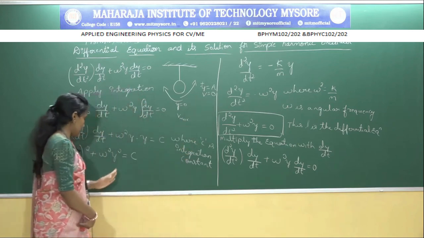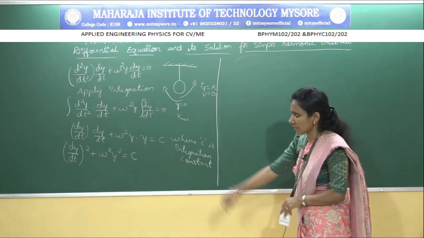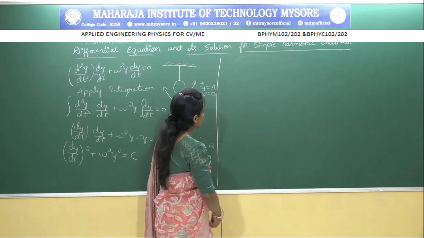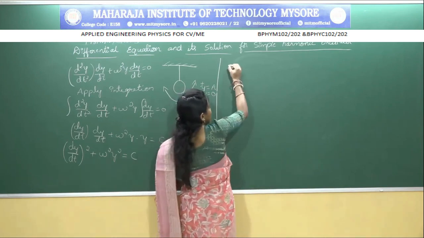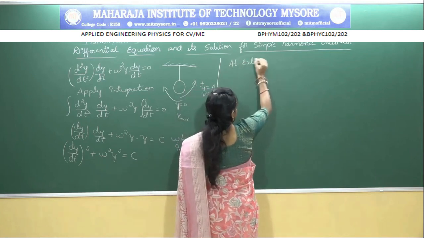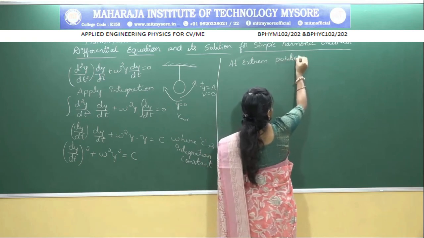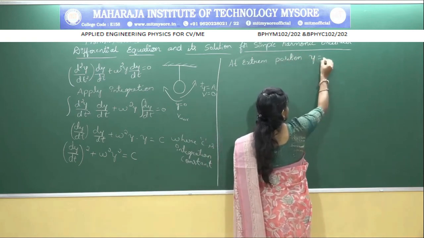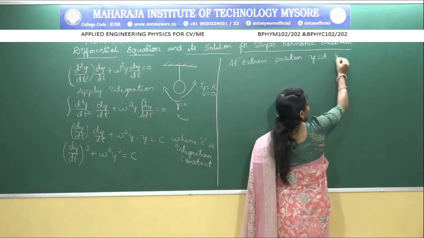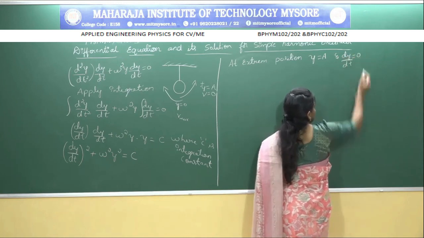So at that condition, what is the c value? We have to find the integration constant c. When the particle is momentarily at rest at the extreme position, the displacement is maximum, y is equal to a, and the velocity dy/dt is equal to 0.